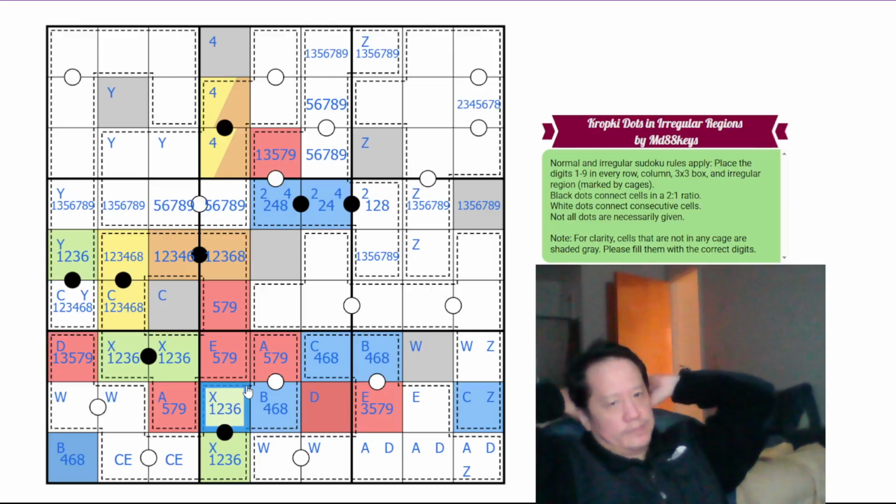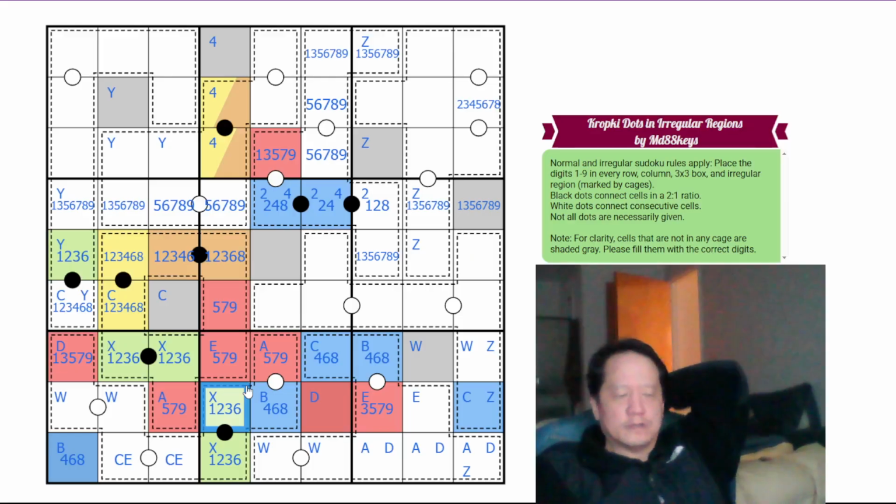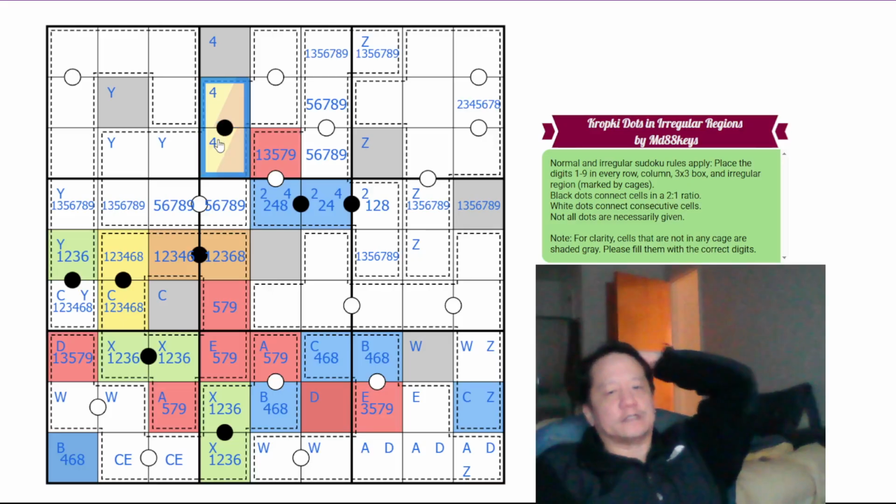Well, if it were some combination. Okay, so this. Yeah, that's why it could be yellow and orange, right? It's not just guaranteed that this is yellow.